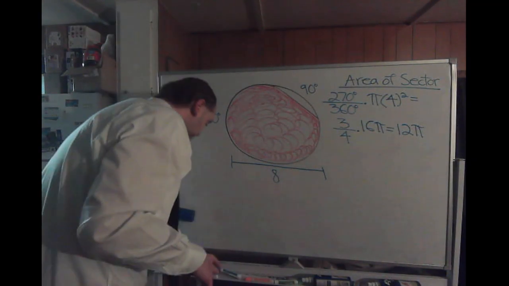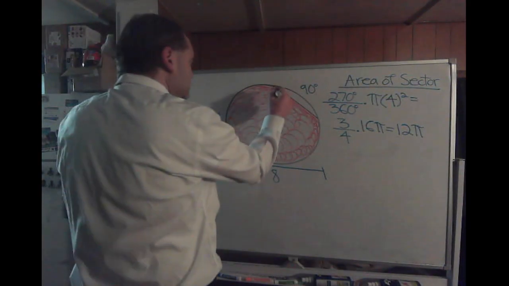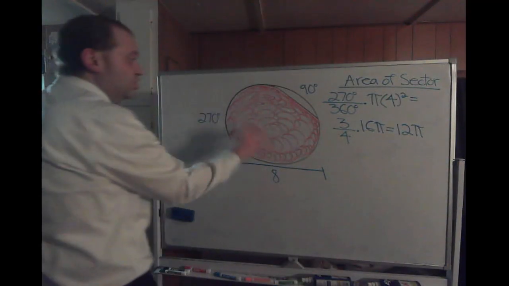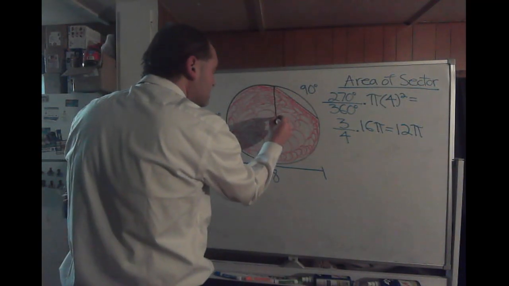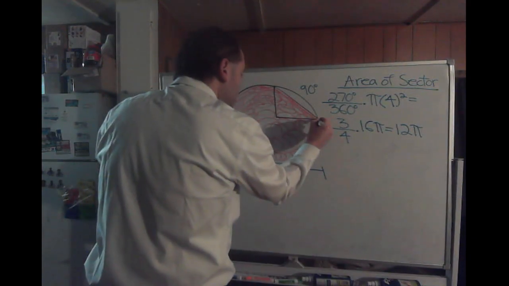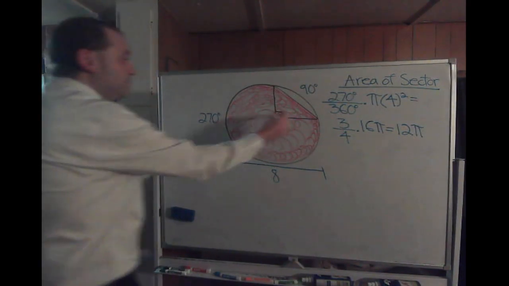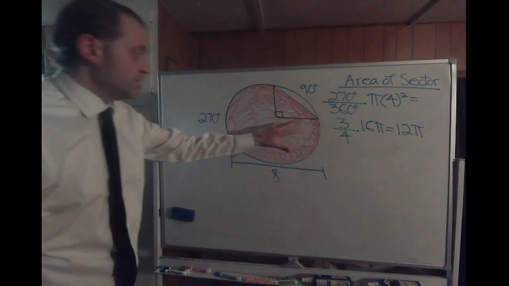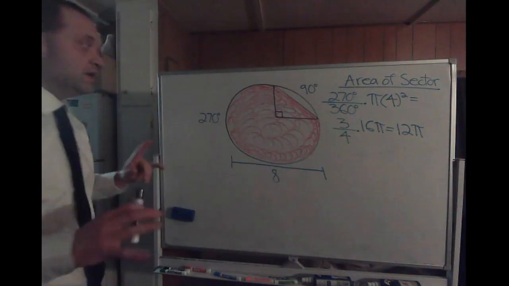But if we recall what 270 degrees looks like, it only covers so much of this. It would leave about this much still uncovered, right? 270 degrees would actually be this portion. This is the whole 90 sector. Well, what do we notice?